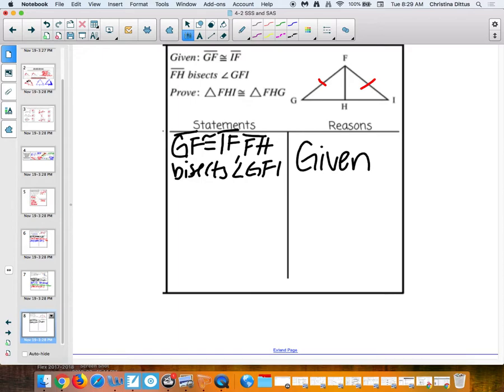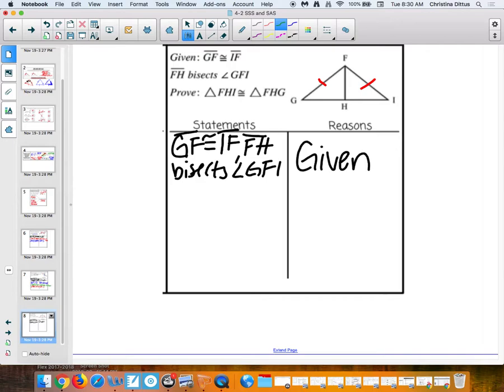So what do I write? Definition of bisector. Okay, what about my statement part? You're right that it cuts it in half. But what about those halves? They're the same.